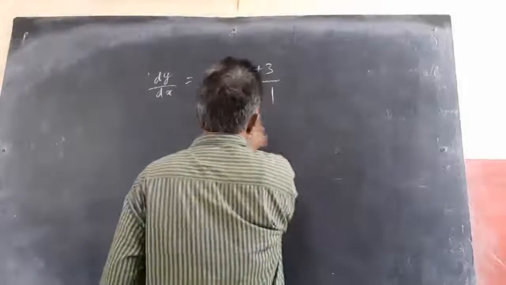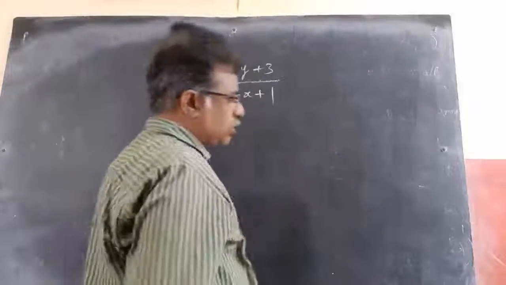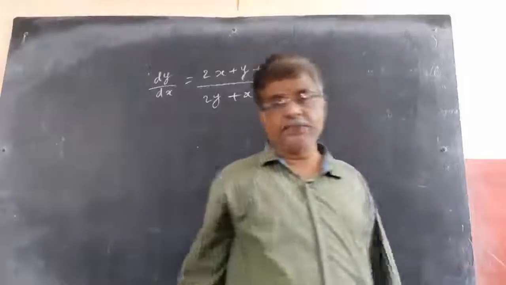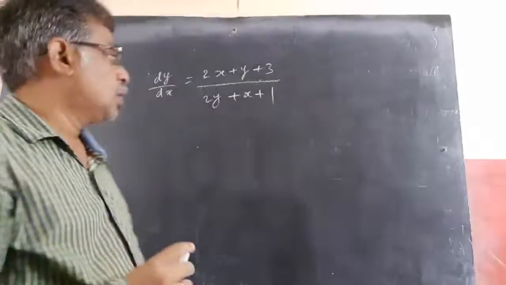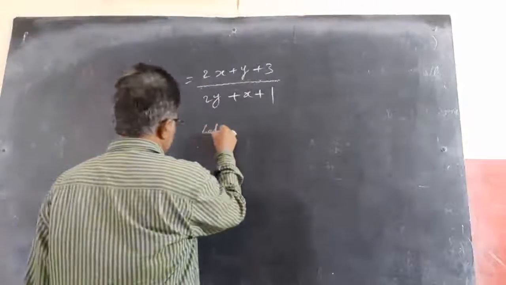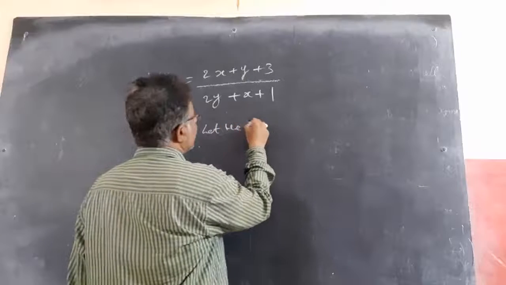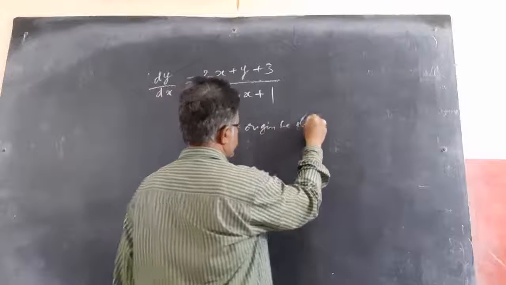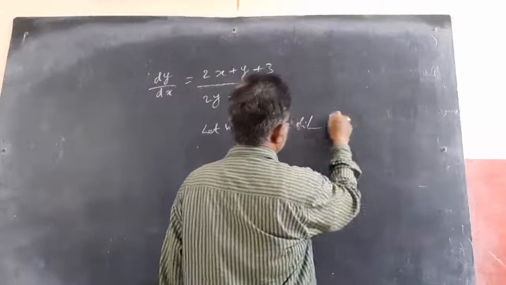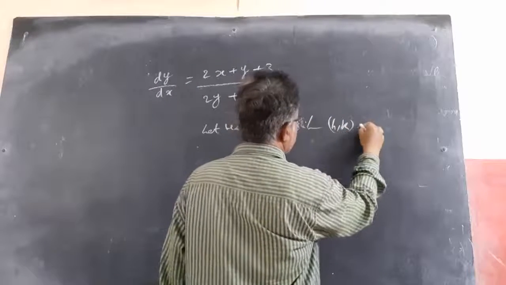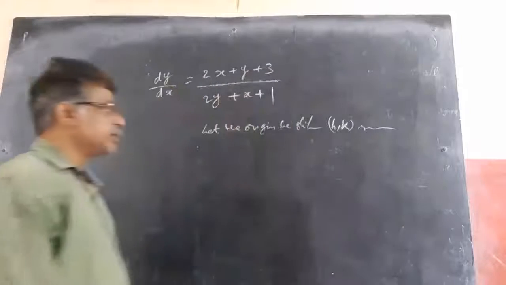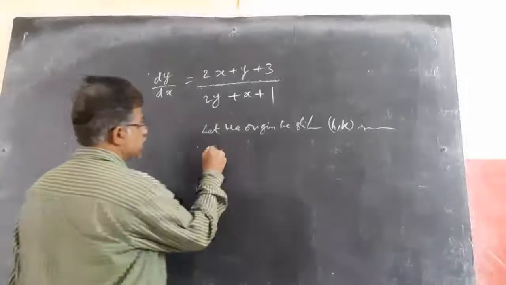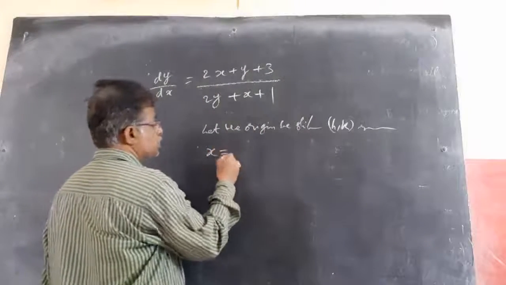That is homogeneous. Convert this into homogeneous by shifting the origin. So let the origin be shifted to h comma k, so that the equation is converted into homogeneous.